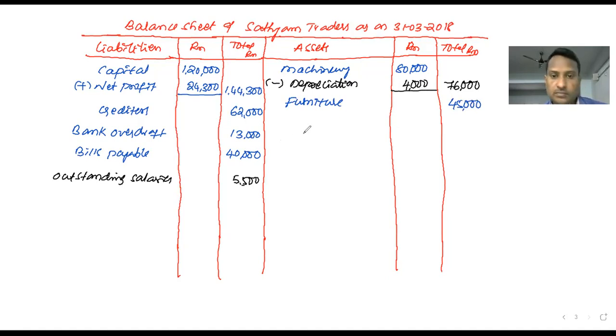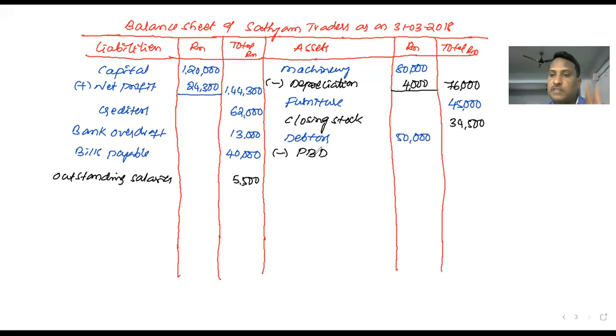Next, closing stock, which is given in the adjustment. The value of the closing stock is 34,500. Next is the debtors. The value of the debtors is 50,000, which has an adjustment. Doubtful, minus PBD.